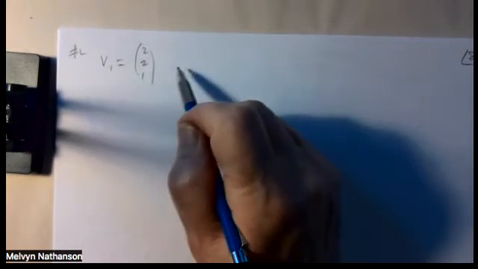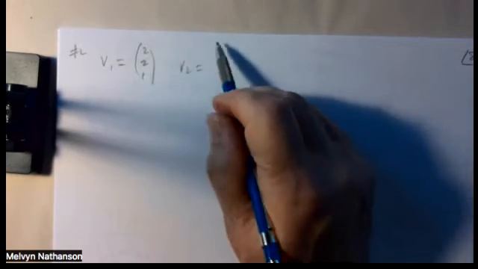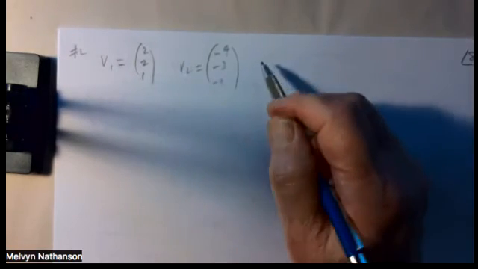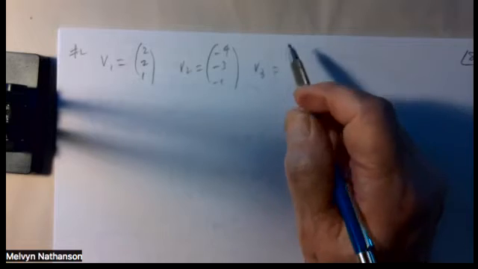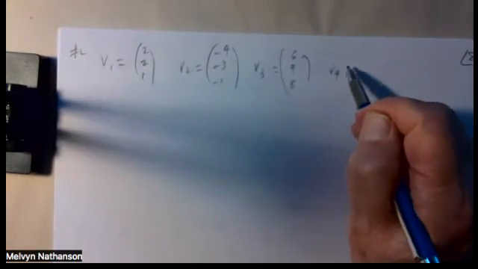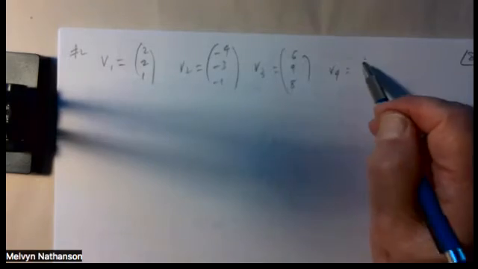So in problem 2, on page 12, we have 4 vectors in R3: (2, 2, 1), (minus 4, minus 3, minus 1), (6, 9, 8), (10, 21, 9).